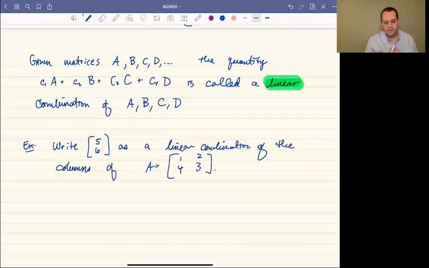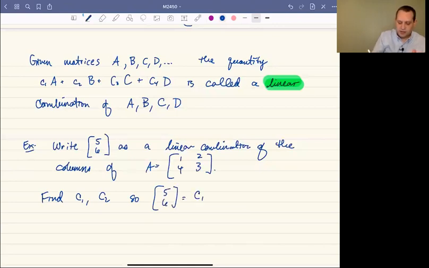Okay, so I want to write 5, 6 as a linear combination of the columns of A being 1, 4, 2, 3. So what I really want to do then is find constants C1 and C2 so that I can write 5, 6 as C1 times 1, 4 plus C2 times 2, 3.